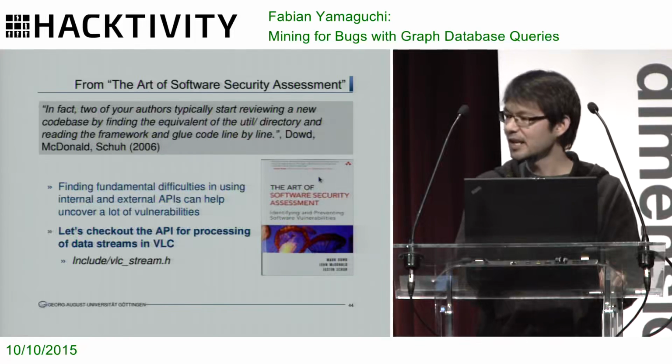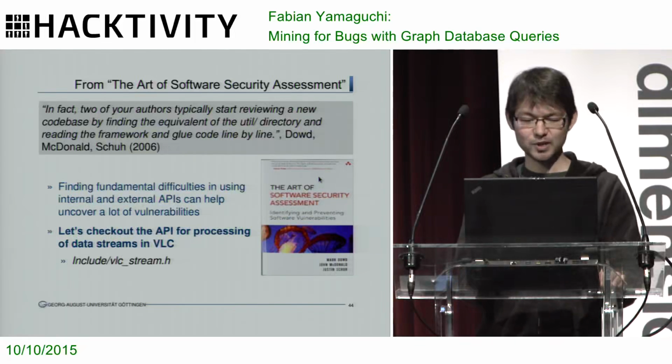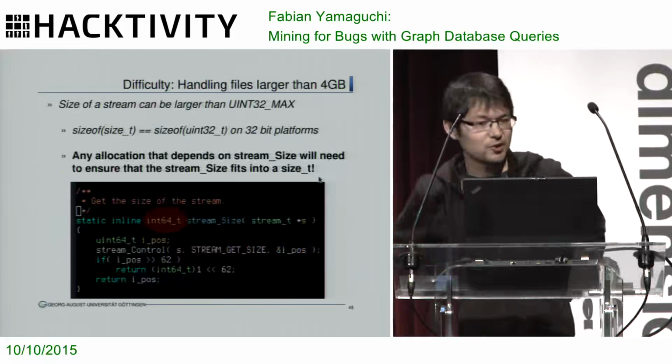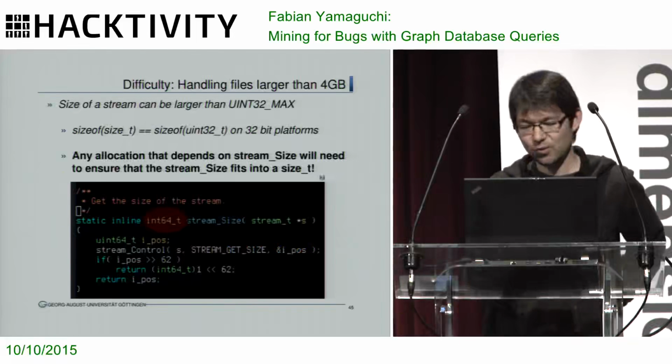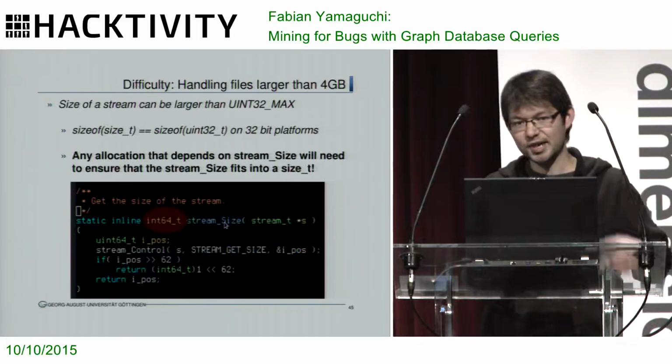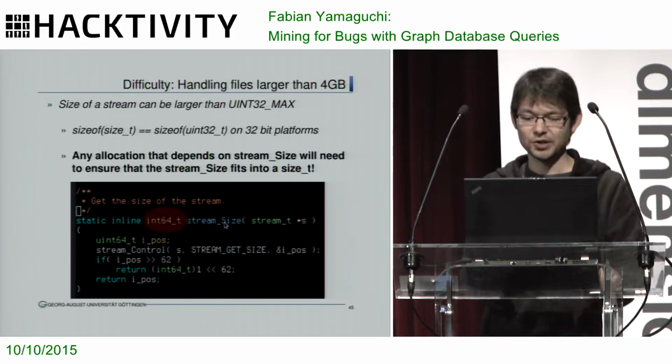So in VLC, I took a look at the stream processing API, and that's mainly located in vlc_stream.h. There's one interesting function that you can find here, called stream size, and as the name implies, it returns the size of the stream.